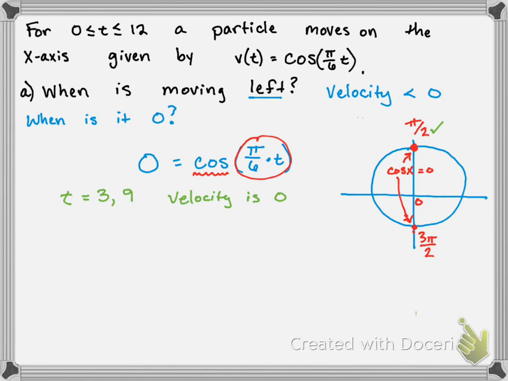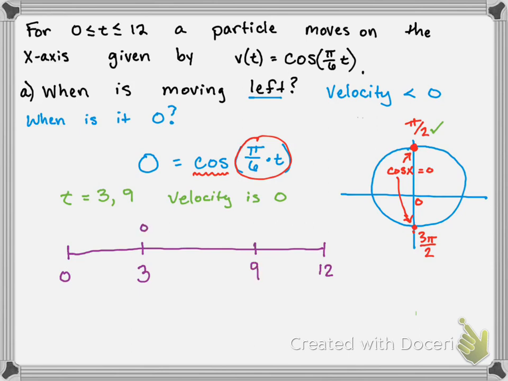We're doing all of this to try to figure out when the particle is moving left, so we need to know when the velocity is negative. What we're going to do is draw out an interval for ourselves. I'll do this in purple for the Minor Tigers here. Our interval is from 0 to 12, correct? The velocity is 0 at t equals 3 and 9.